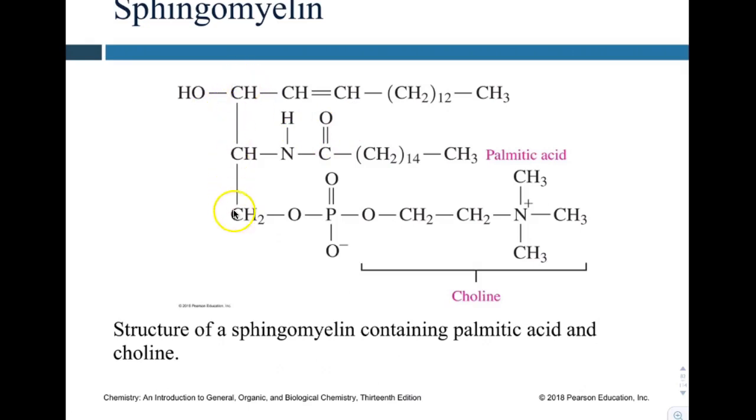Like this kind of looks like a glycerol backbone, but if you look, it actually keeps going, and it's not an ester here like we normally see. We see this kind of continuation. So I want you to think about this is your sphingosine here.